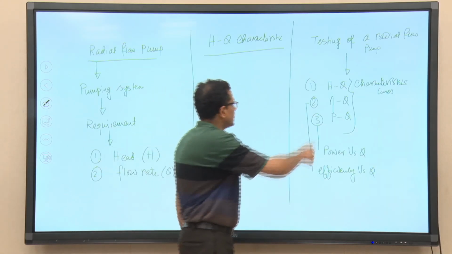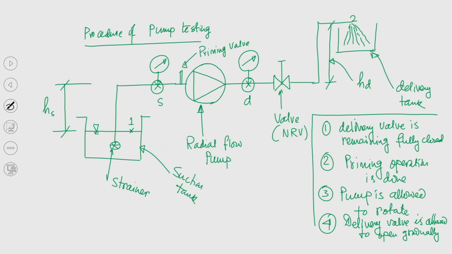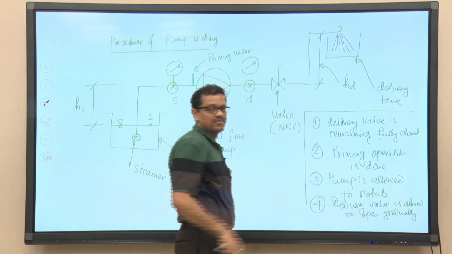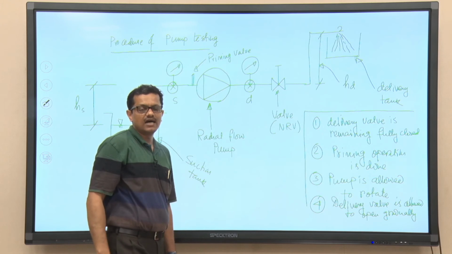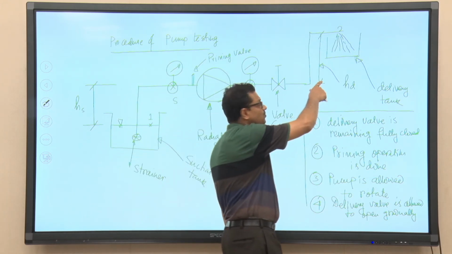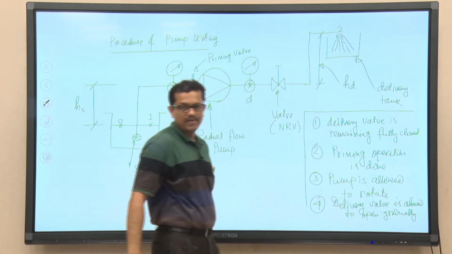So, this curve is known. Second is efficiency versus Q. If it is overall efficiency, we know the input power remains the same, since it is driven by an electric motor or diesel engine. In fact, we can calculate the input power to the pump, and we can also calculate the output power, in terms of the Q and H being developed and supplied by the pump.